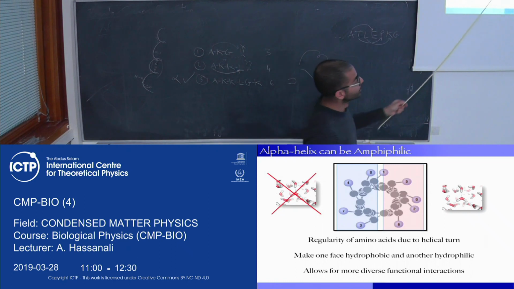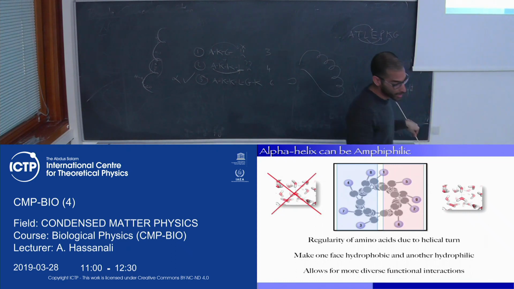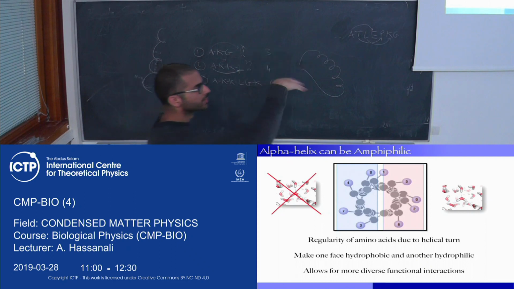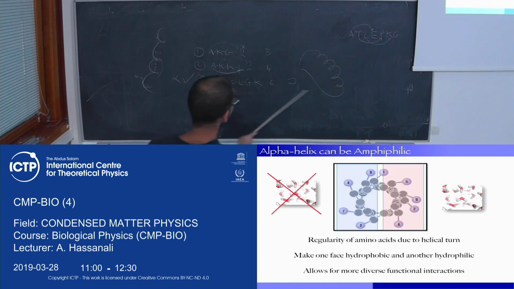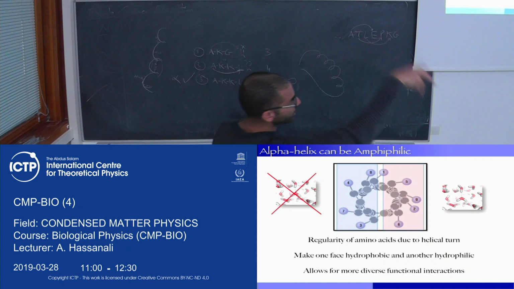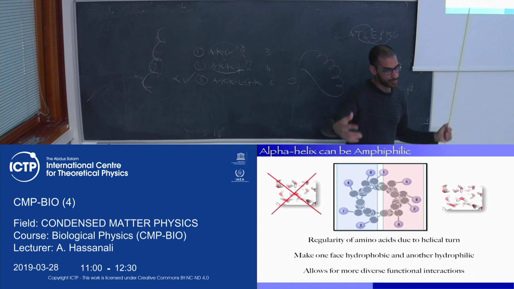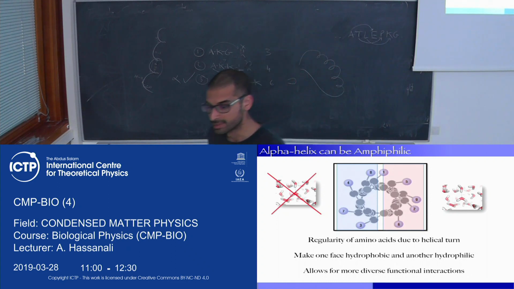So this would allow for diversifying many functional interactions in, for example, the membrane of a cell. This is just one example of how a helix, because of the way the side chains pack around it, you can design something to have different chemical groups on different sides, which would diversify its functionality and its interaction.